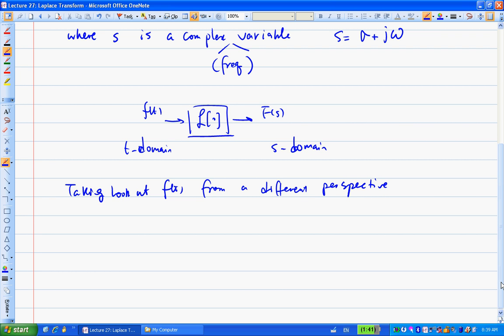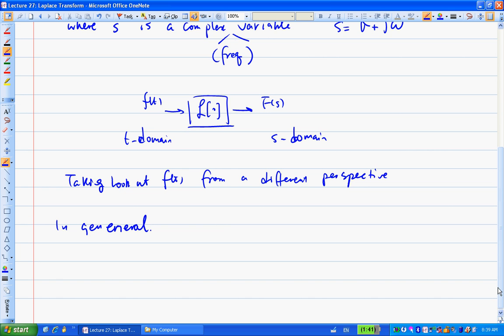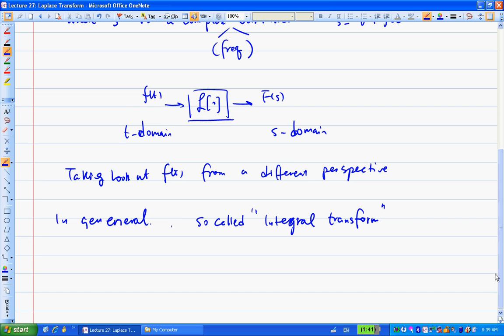So mathematically, in general, this is sort of additional here. You don't really have to write it down. In general, there is a so-called integral transform.